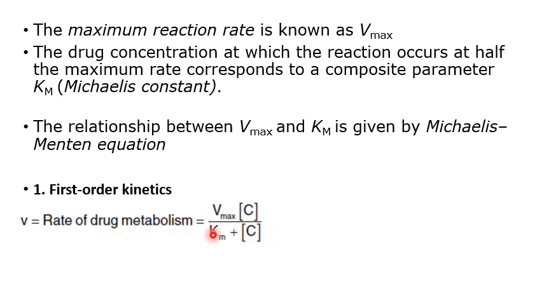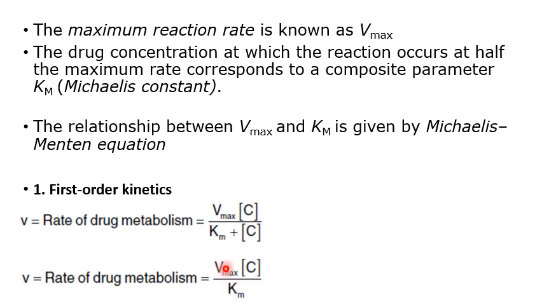In the case of first order kinetics, the value of drug plasma concentration is much less than the Km. Therefore, the equation can be rewritten as Vmax multiplied by plasma concentration over Km. Since Vmax and Km are constants, then increasing plasma concentration will increase the rate of drug metabolism.